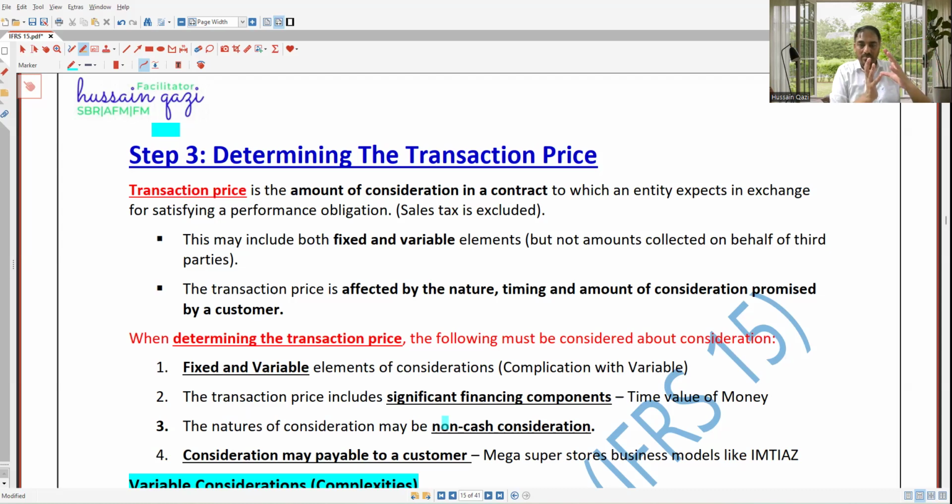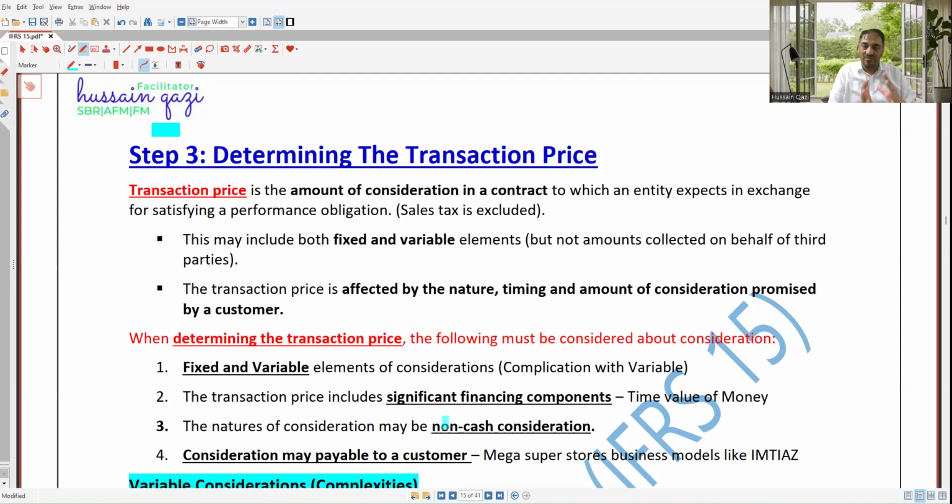So if not distinct, that means performance obligation is one. If the performance obligations are distinct, and the distinct criteria are mentioned in very much detail by IFRS 15, we have covered it. Distinct must be with respect to the seller, distinct must be with respect to the buyer, that means with respect to the contract.